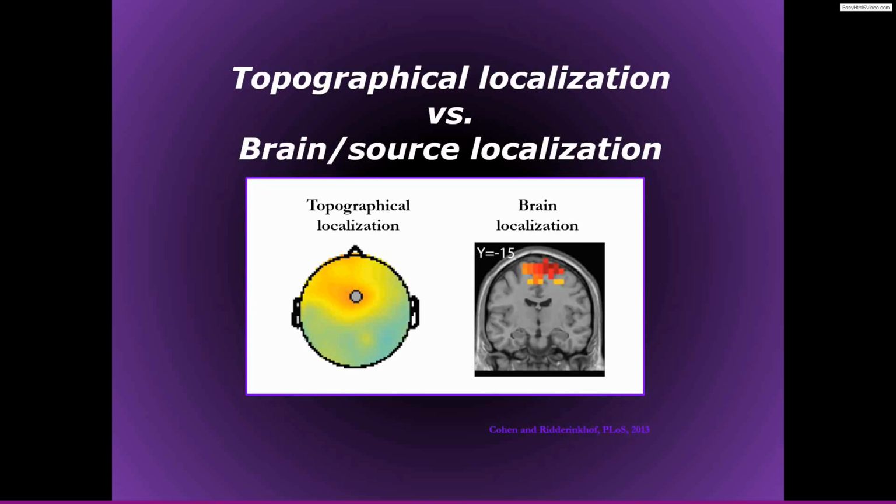It requires several parameters. And the inference is different. Here we are trying to make an inference about where in the brain did the activity come from that produced the observed scalp topography. And with topographical localization, we are really just asking the very simple and definitely answerable question of which electrode shows the effect the biggest.